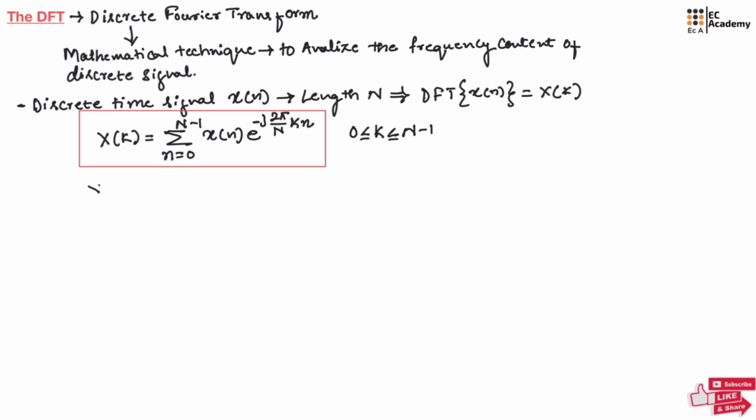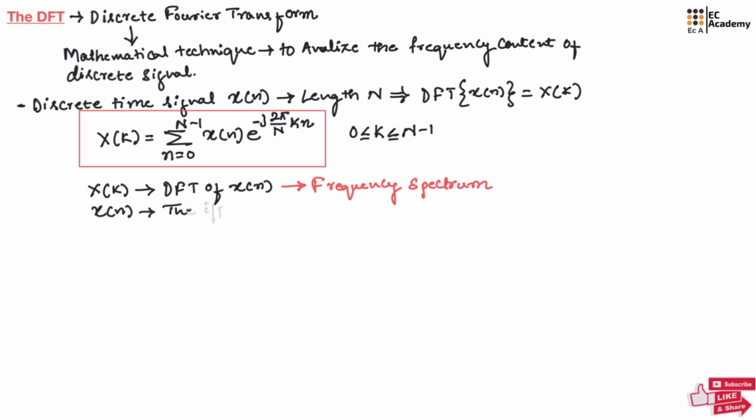So X of k in the mathematical equation is the DFT of the signal x of n, which represents the frequency spectrum of the signal, which means x of n is represented in time domain, X of k is represented in frequency domain. x of n is the input signal or input sequence which is in time domain.